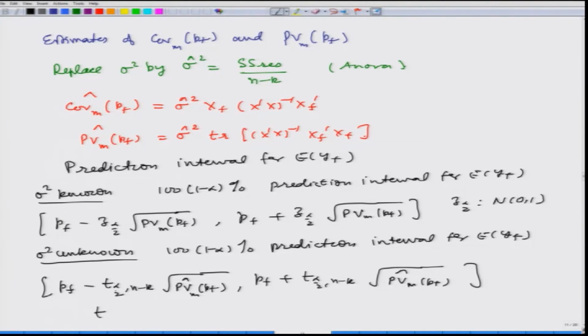Here, the value t alpha by 2, n minus k is obtained from the tables of t probabilities.